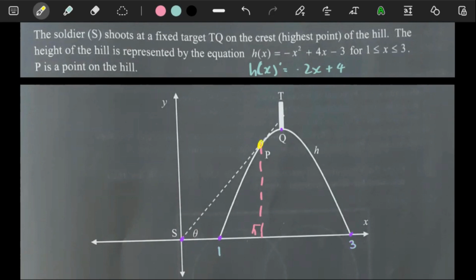If we're going to be talking about where this tangent meets the straight line, we don't have any information about the straight line also. So it obviously does make things a bit tricky for us, you see.